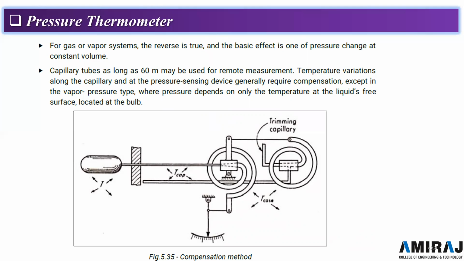The capillary tube, as long as 60 meters, may be used for remote measurement, and the temperature variation along the capillary and at the pressure sensing device generally requires compensation, except in the vapor pressure type, where the pressure depends only on the temperature at the liquid's free surface located at the bulb.